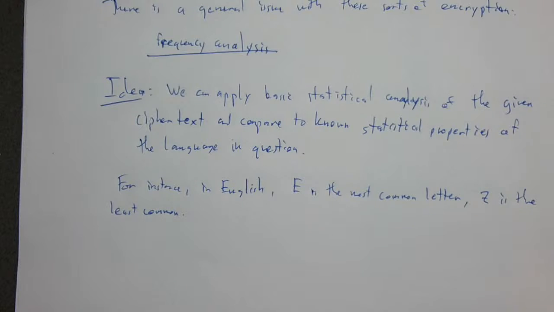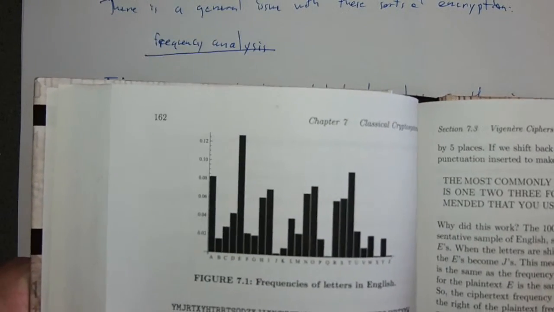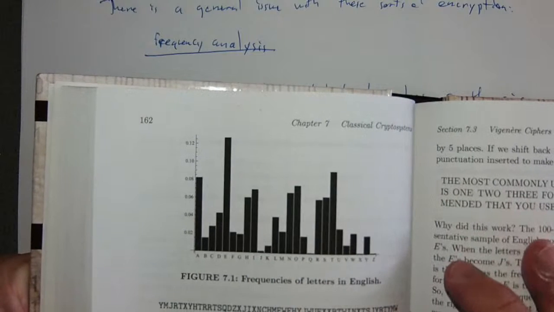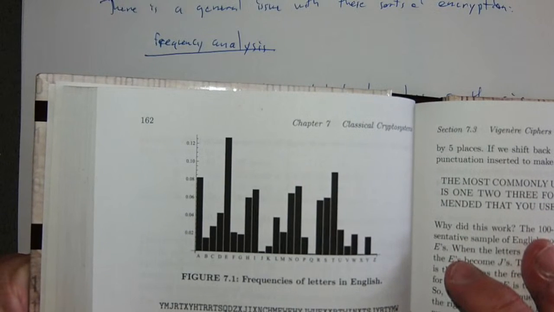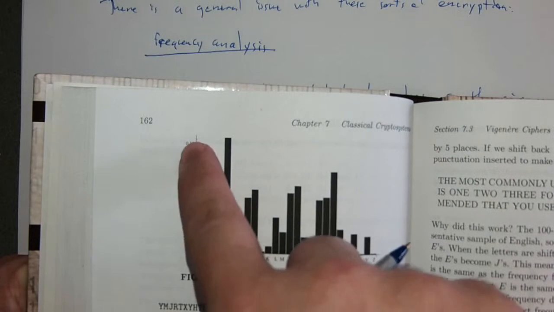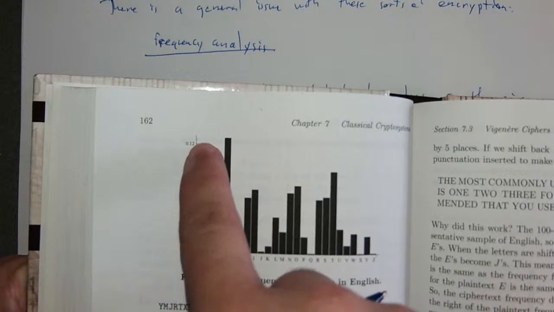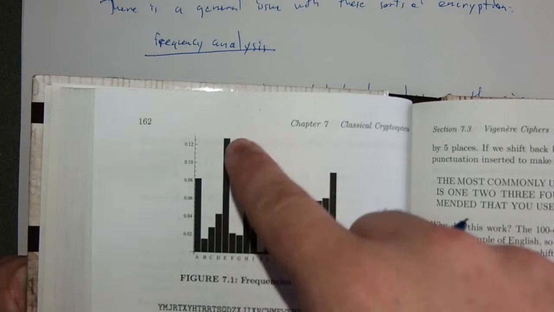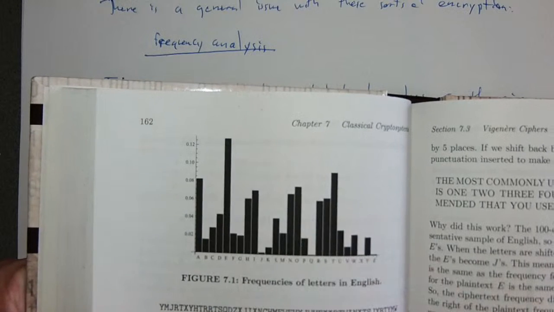And so we could just actually look at frequencies of letters in English. So, boom, there we go. Here is a plot that tells me the rough percentages of the frequencies of letters in a given English text. You can just see here that the most common letter is E. E is a little bit over 12%, like 12.7% distribution here.